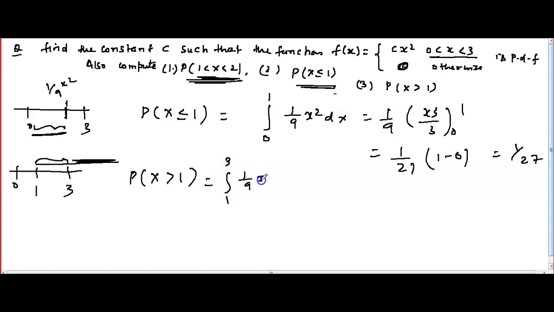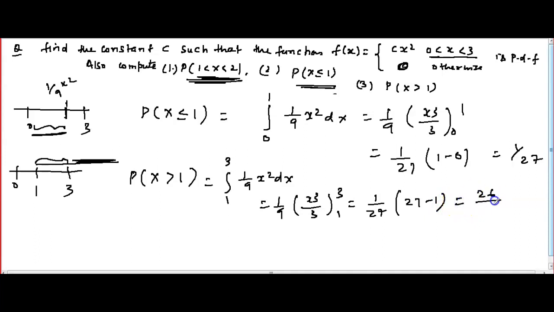Integral of 1 by 9 x square dx. So 1 by 9 outside, x cube by 3, from 1 to 3. So 1 by 27, and this is 27 minus 1, which gives 26 by 27.